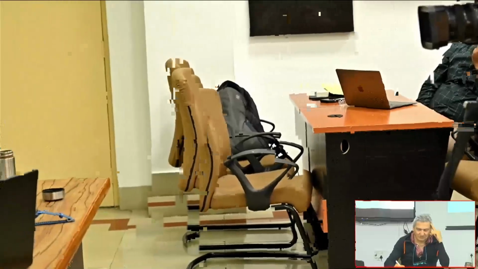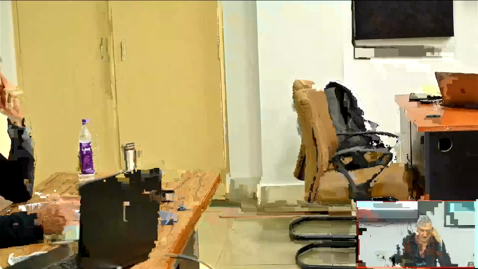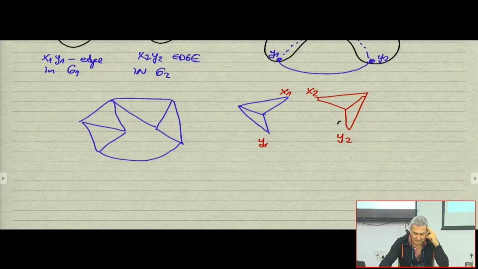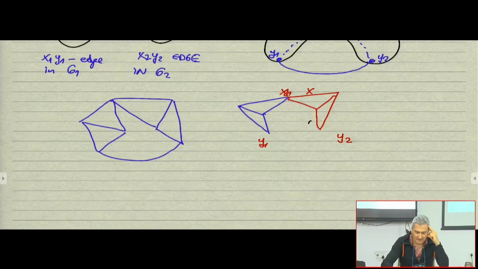We remove an edge in each, we identify vertices, and then we put the edge here. This is it, okay?